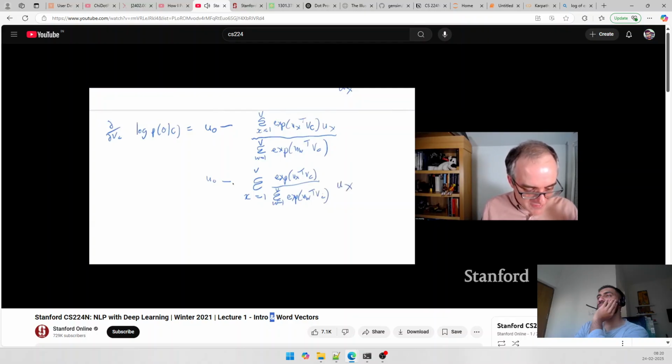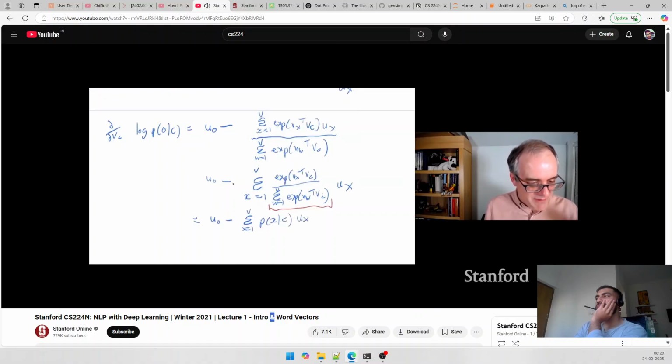And so at that point, this interesting thing has happened: we've ended up getting straight back exactly the softmax probability formula that we saw when we started. We can just rewrite that more conveniently as u0 minus the sum over x equals 1 to V of the probability of x given c times ux.